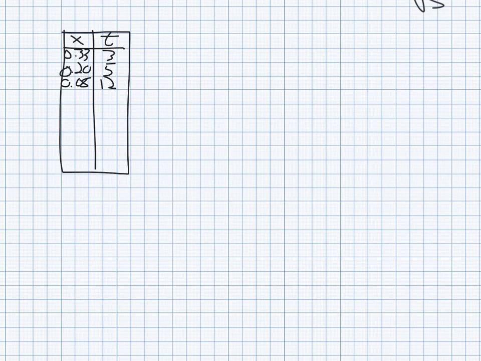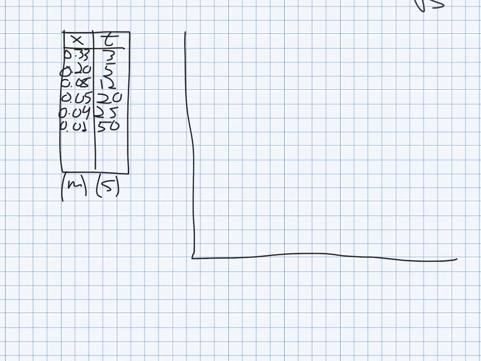We've got 0.05 and 20. We have 0.04, which is 25, and 0.02 corresponding with 50. And again, we'll say that this was in meters and this was in seconds. So at those times, we were at those positions. And we graph it.